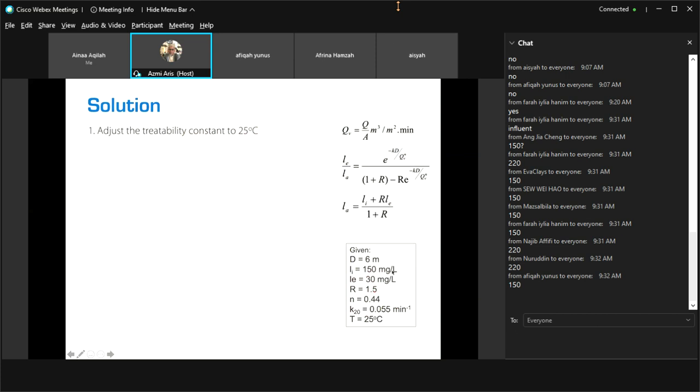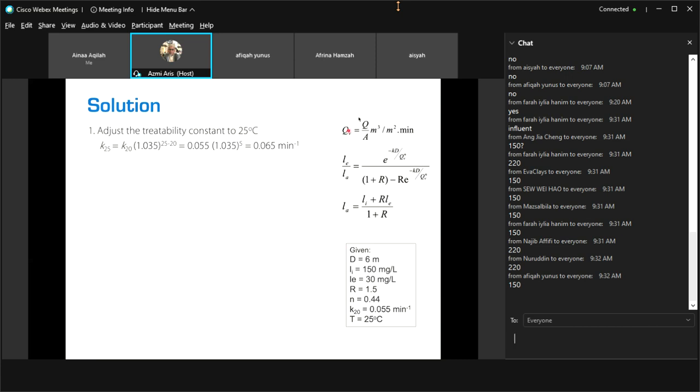Okay, so this is given, this is the equation. We have to find QV, right? Okay, we have to find QV. So QV is available in this equation, and the other QV is available in this equation.